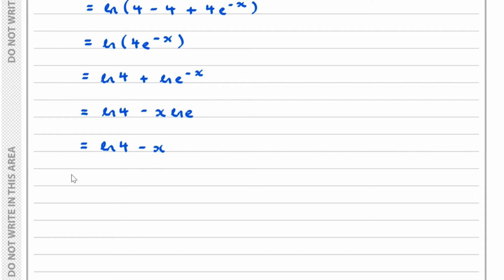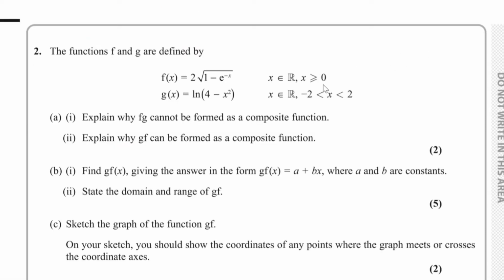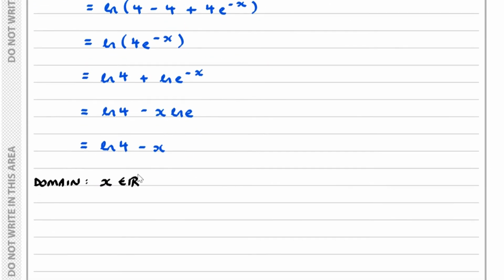And if we think about what the domain is going to be, well, x must take a real number, but if we take a look at how f is restricted, we know x must be greater or equal to 0, which means for the domain of g of f of x, x must also be greater or equal to 0.